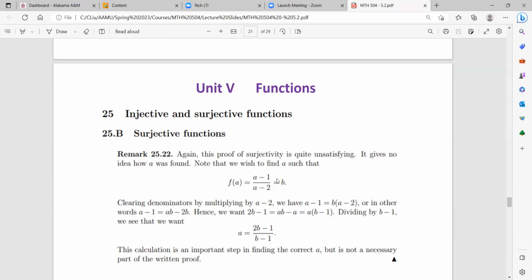We got a fraction on the left. So why don't we just multiply the least common denominator, which is a minus 2, on both sides of the equation. So we got the a minus 1 on the left because a minus 2 just cancels. And on the right side, we got b times a minus 2. And you can distribute the b on the right side. You get b times a minus 2b, but b times a is just a times b or ab.